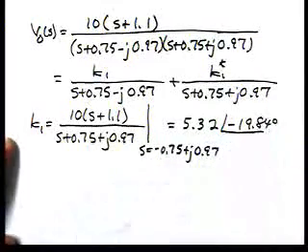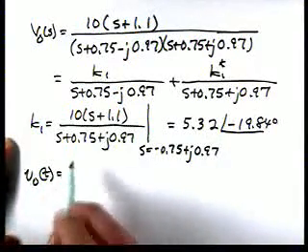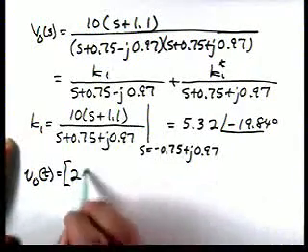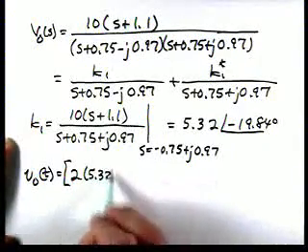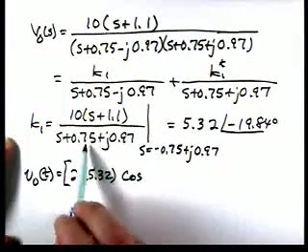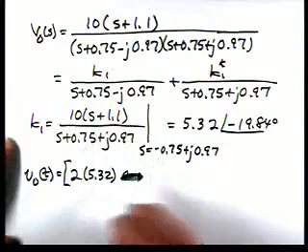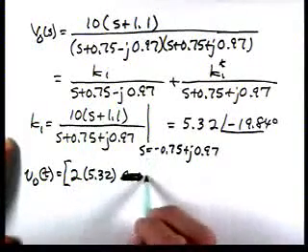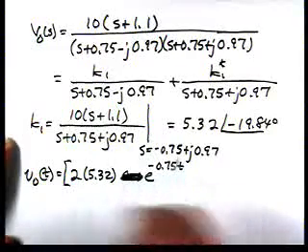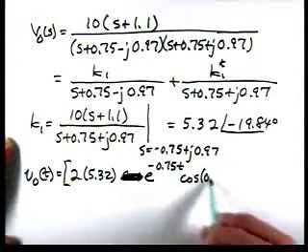Now, if we take that back to the time domain, we get 2 times the magnitude of K1 times the cosine, and here's the exponent of the exponential. So we have 2 times 5.32 e to the minus 0.75 t from there, and then we have cosine 0.97 t.